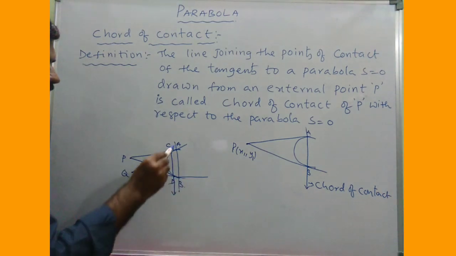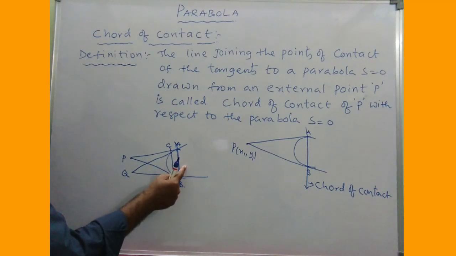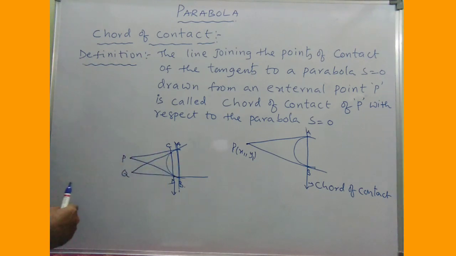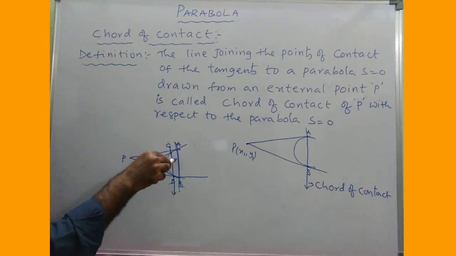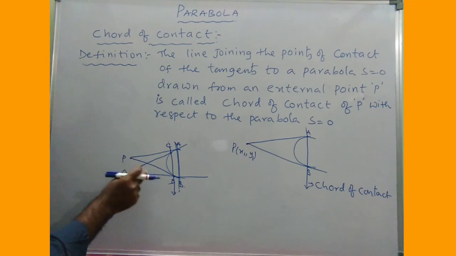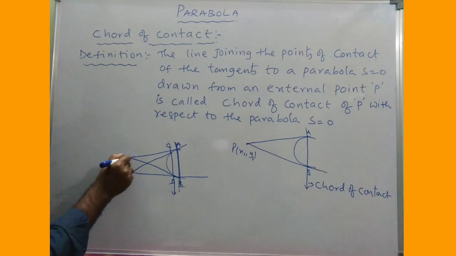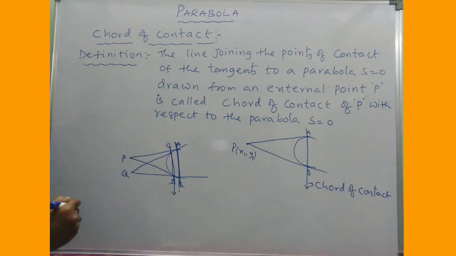The line passing through AB is the chord of contact of P(x1, y1) with respect to the parabola S equals 0, and CD is also a chord of contact to the same parabola but drawn from another point Q.